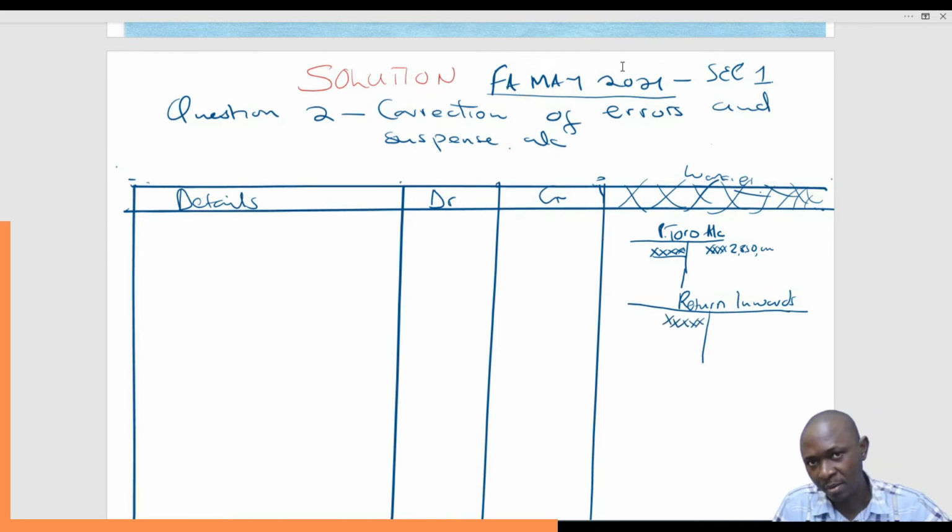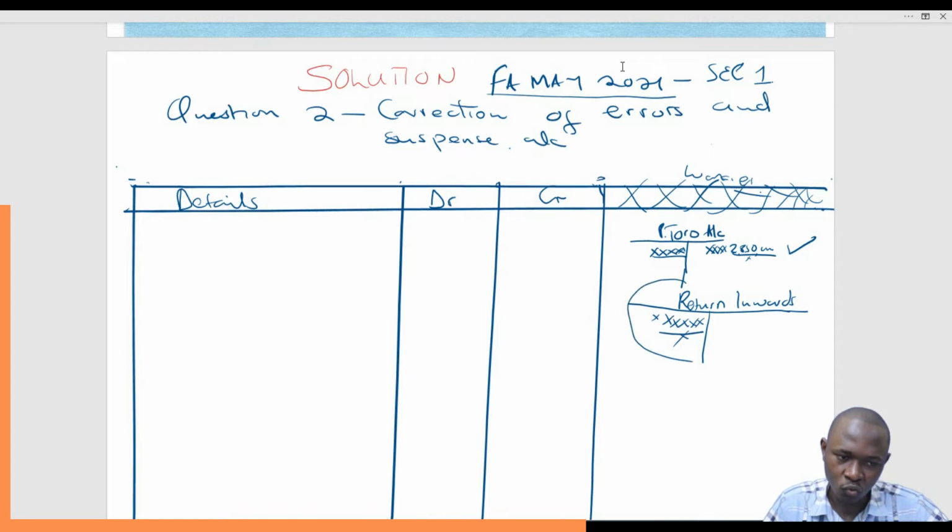And you can now see the double entry concept playing here clearly: upon the customer returning goods back to the business, we debit the return inwards to show that we have received, and we credit that customer's account to show that his outstanding amount has reduced by the amount of goods he has returned into the business. So the debit will be here and the credit will be here. This one has been done, this one has not been done. So we will have to do this.